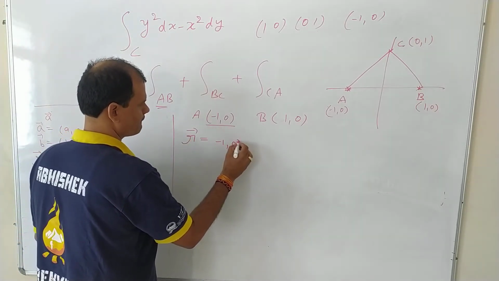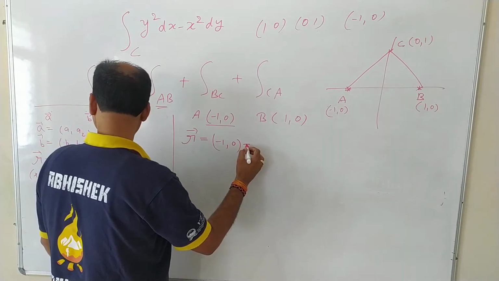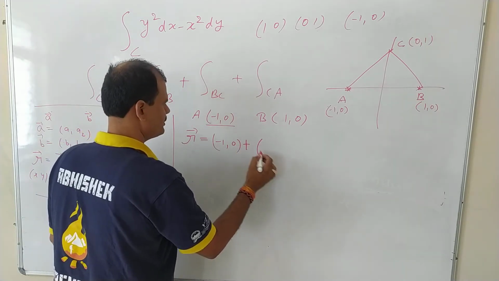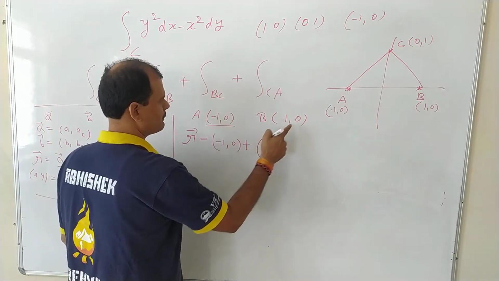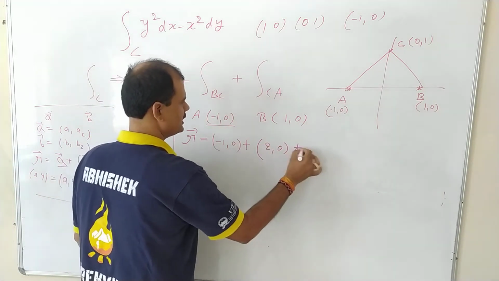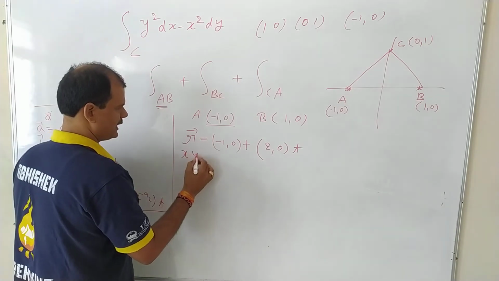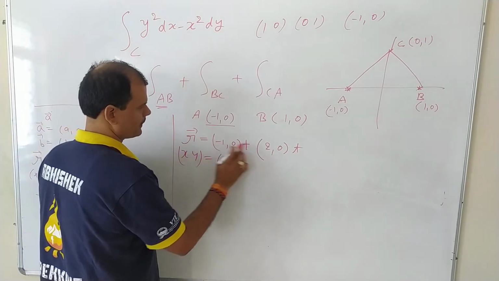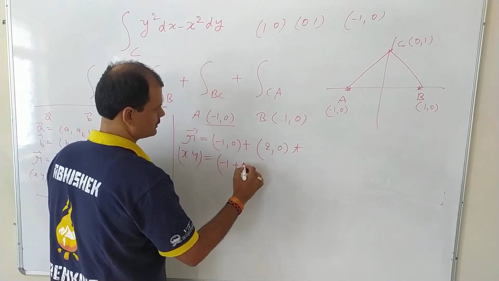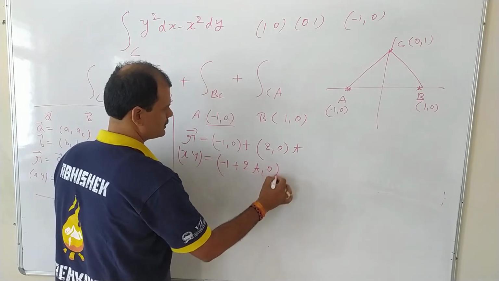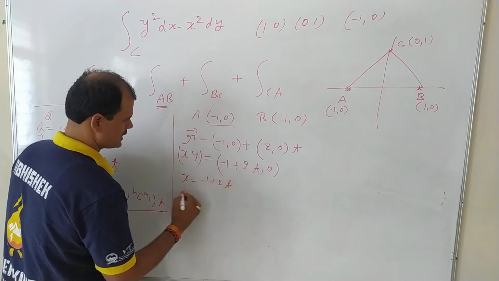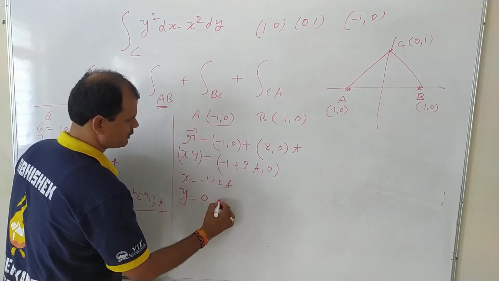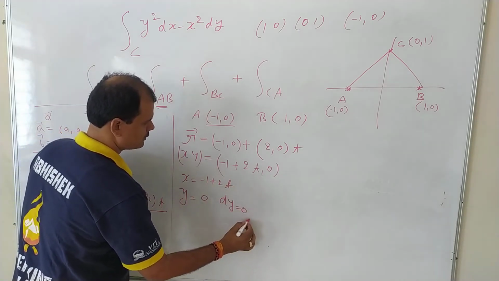A plus B minus A. B minus A means 1 minus minus 1, 2 comma 0 minus 0, 0, T. So this is your XY equal to minus 1 plus 2t comma 0. So x equal to minus 1 plus 2t and y equal to 0. Y equal to 0 means dy equal to 0.